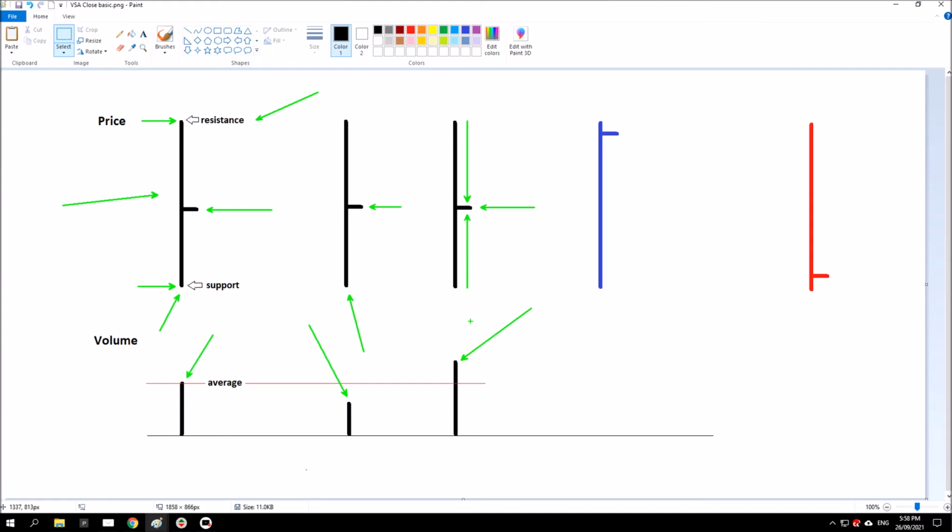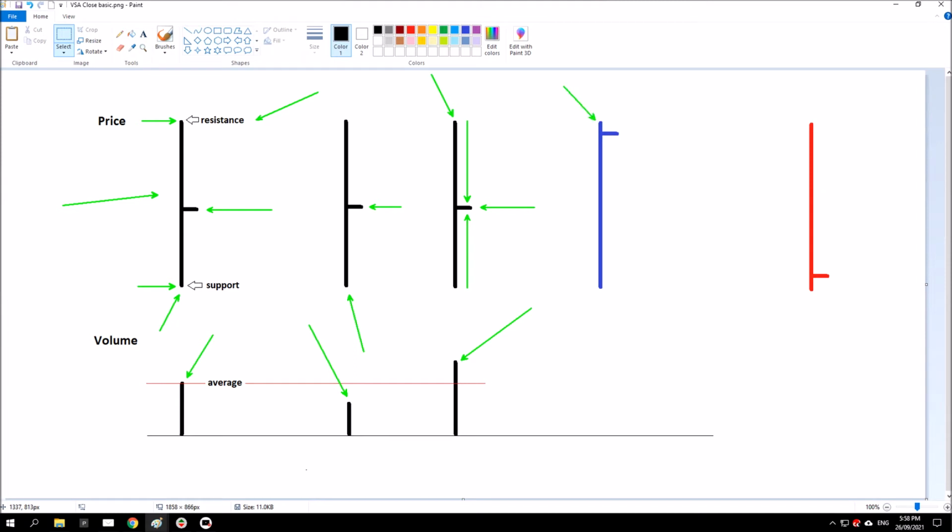So higher volume is higher activity in the market, and it also represents more force or effort being exerted in the market. And if that results in a mid-bar close, then there really is close to a balance for the period of time of this bar. Let's just say it's daily. On this day, there was a balance reached between buyers and sellers, and neither side could gain the advantage.